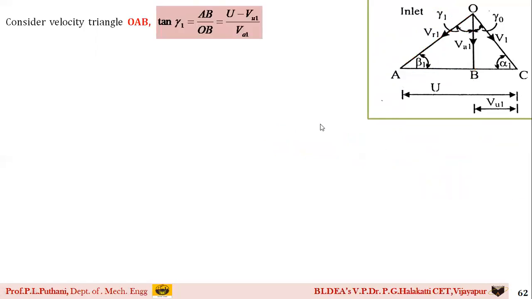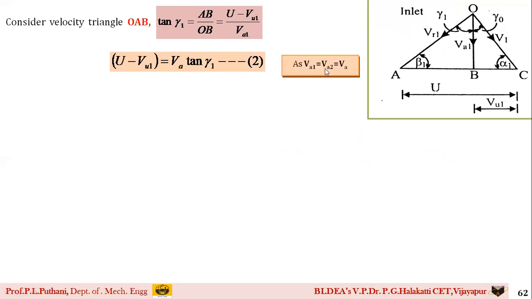So now I write tan gamma 1 is equal to AB by OB, which is equal to (U minus VU1) by VA1. And as I said, the axial flow velocity is constant throughout, so VA1 is equal to VA. Therefore U minus VU1 is equal to VA tan gamma 1, where VA1, VA2 is equal to VA.